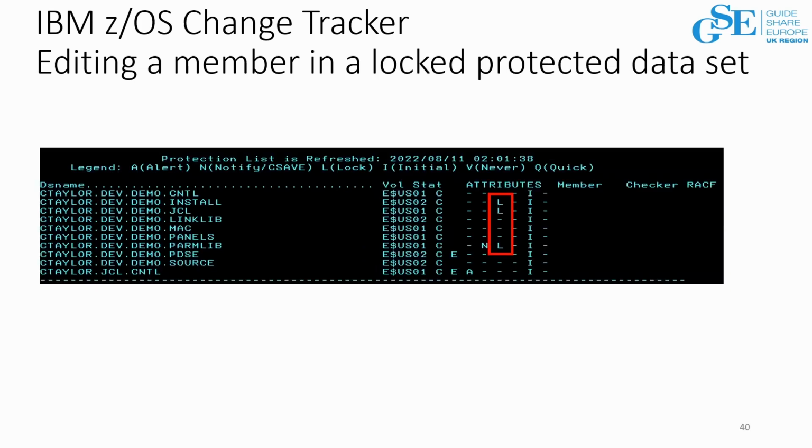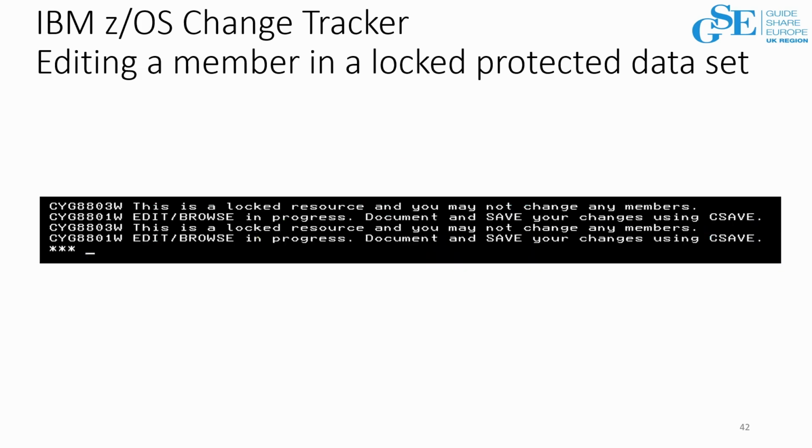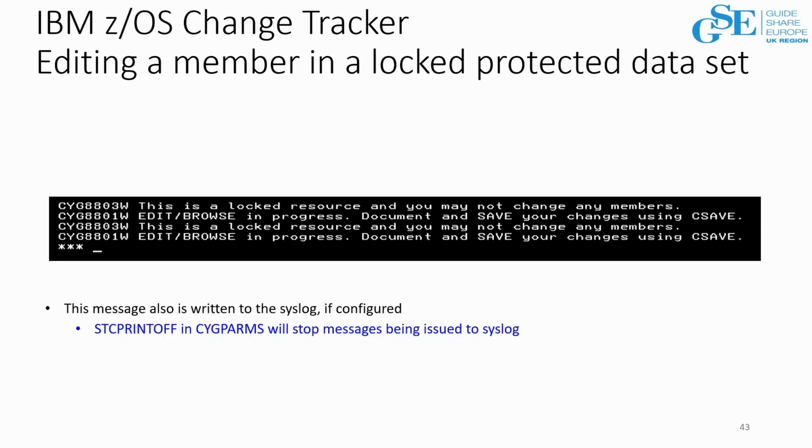Now, what happens if I try to edit a member in a locked protected data set? Then I would go again into the editor, let's say, and you're going to get warned when you go in there that you need to check out members first before you make any changes. So if you try to make the changes, then that will not take place.